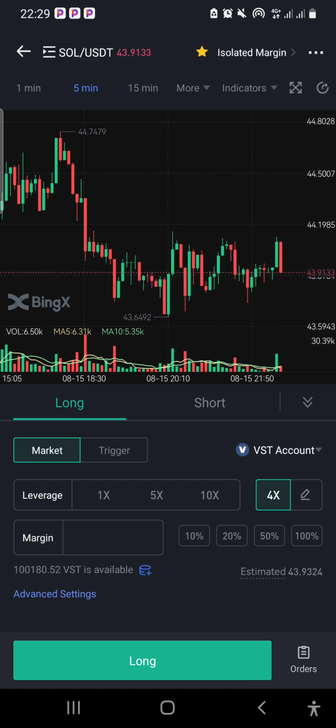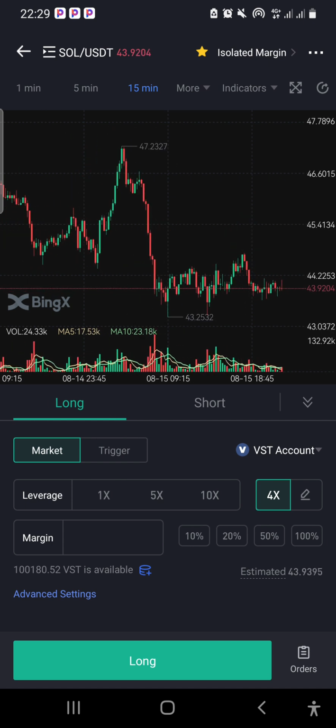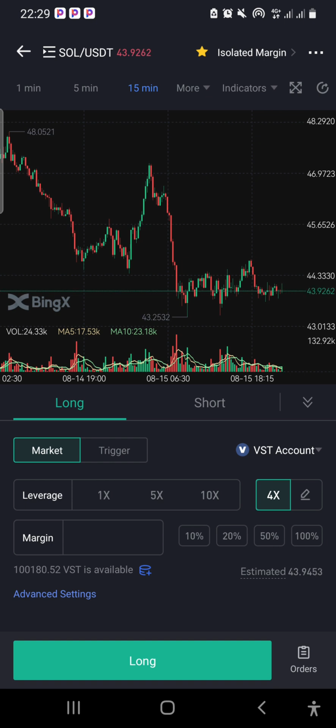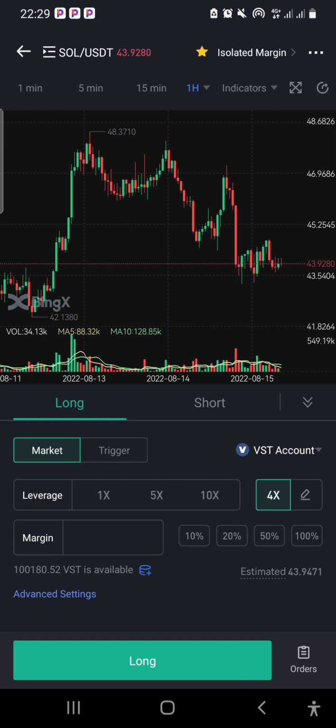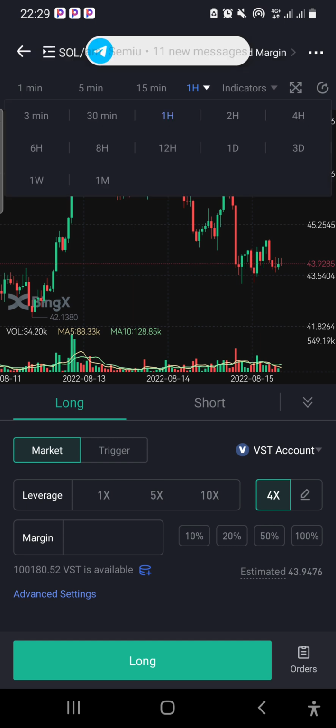You can change the time frame if you wish, but I don't expect you to make any analysis using this app. I already suggested you use TradingView for your analysis, so that should be noted.